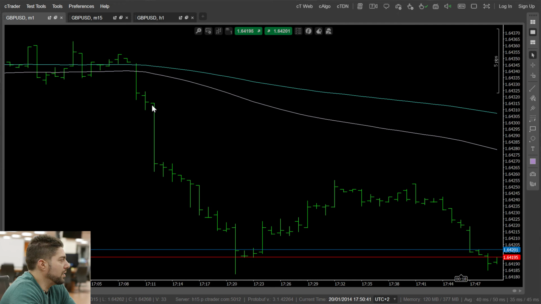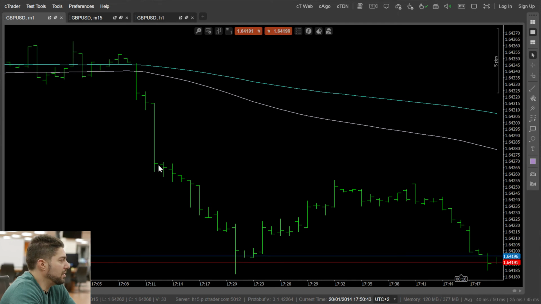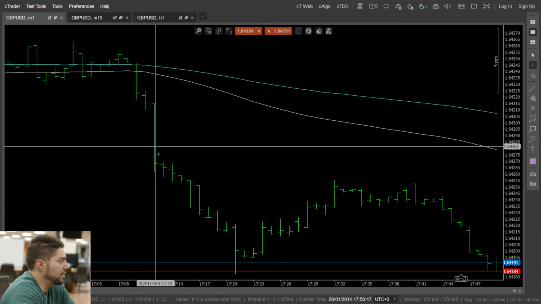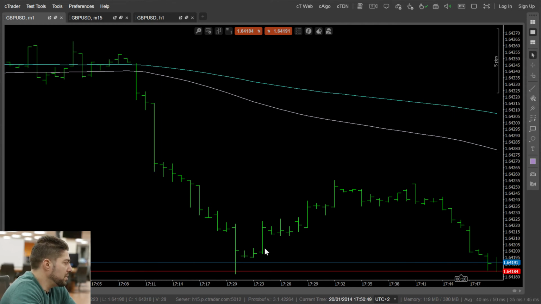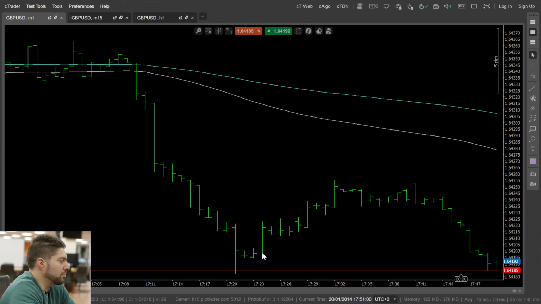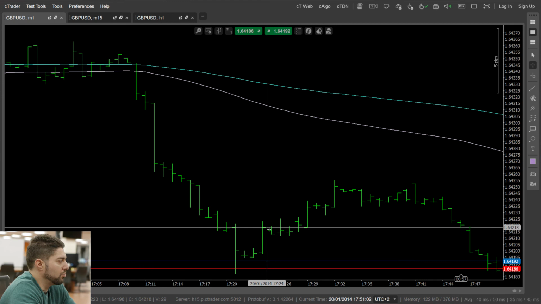In this case, where the left line is higher than the right line, the candlestick was a candlestick going down because it opened higher than it closed. In this case, where the left line is lower than the right line, it means that this candlestick is a candlestick going up because it opened low and it closed high.